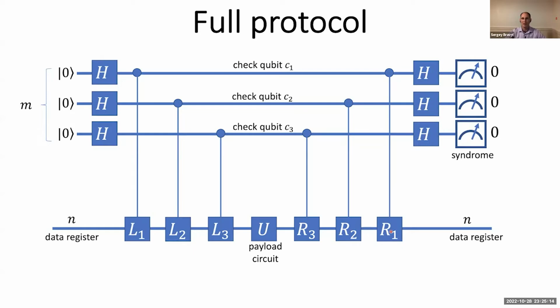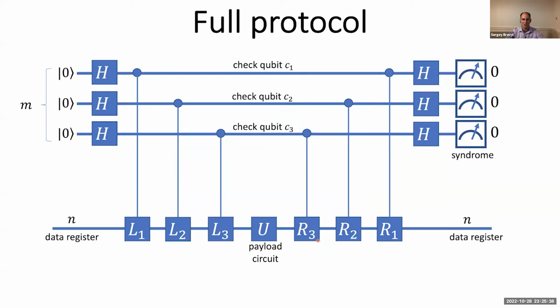Such errors are undetectable, but they can potentially damage the data register. On the other hand, if an error happens in some of the inner Pauli checks, like L3 or R3, such errors are likely to be detected by the outer checks.